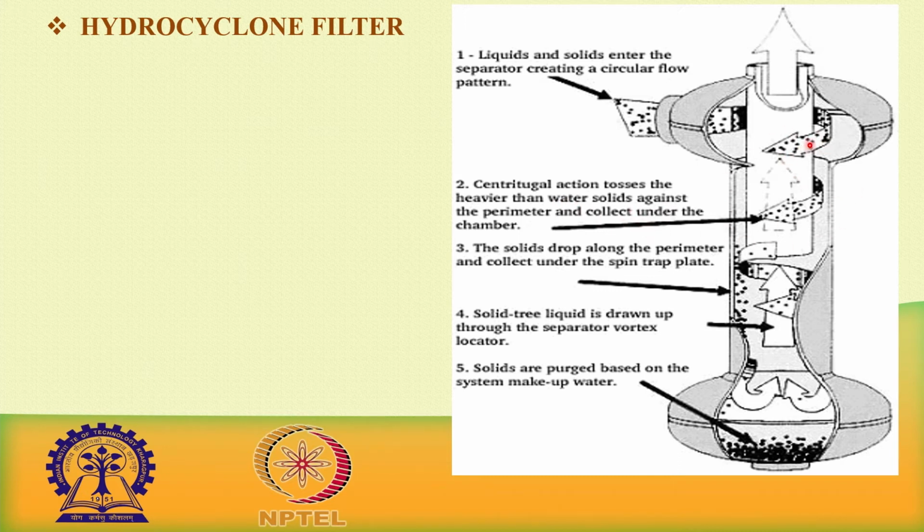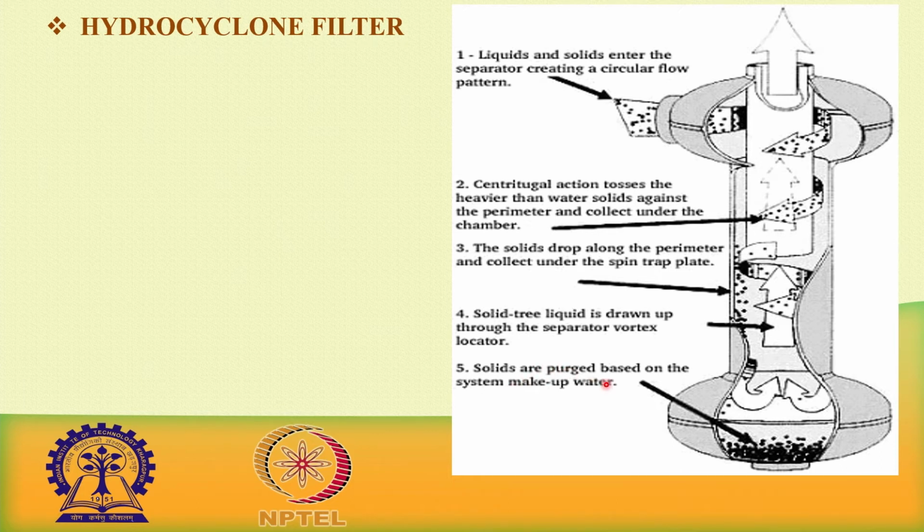So, what you see, these dotted points here in the water, are nothing but the heavier material. So, it starts moving and goes to the perimeter, and finally it gets settled at the bottom. So, solid-free liquid is drawn through the separator vortex.